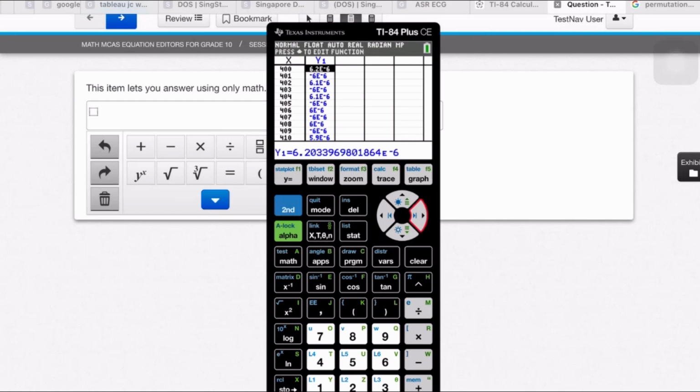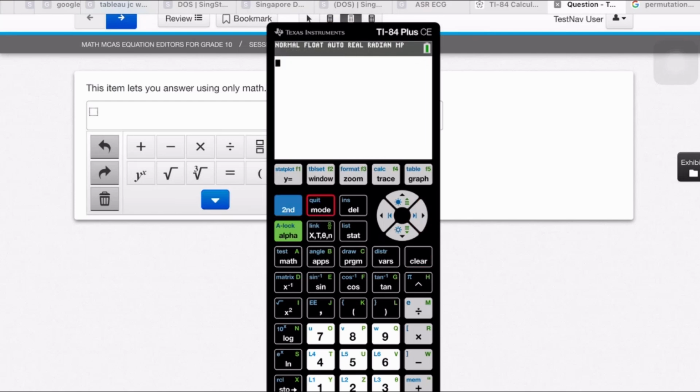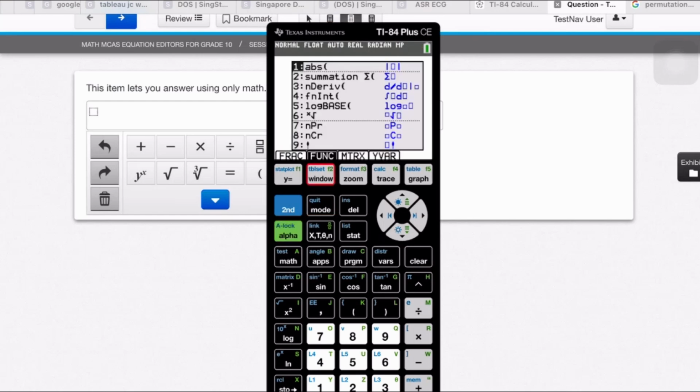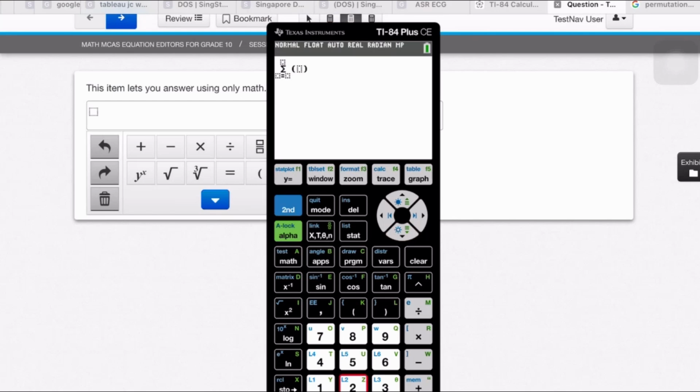Now for part B, find the sum of the first 10 terms of the sequence. This one, no choice, we have to go out to the main page, but we can use alpha F2. Can you see there is a summation over here? Just use the summation.